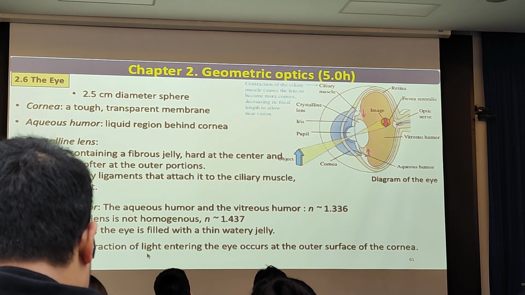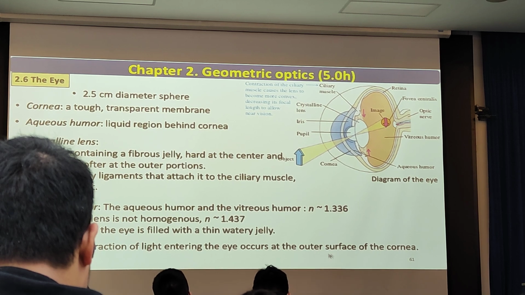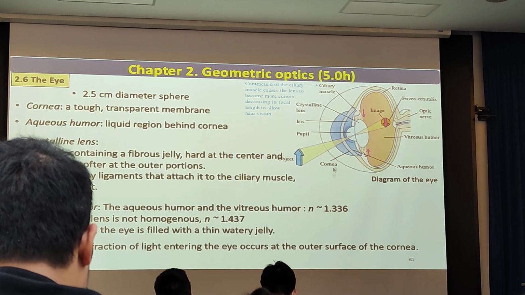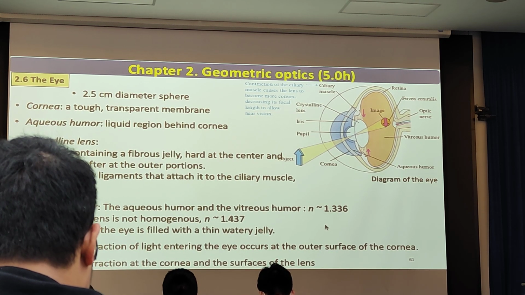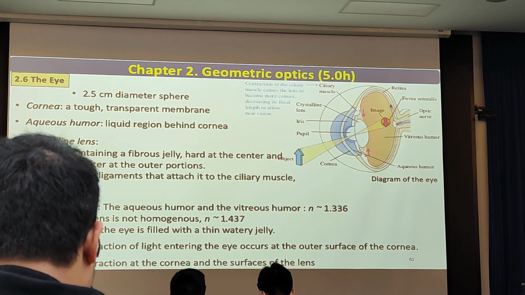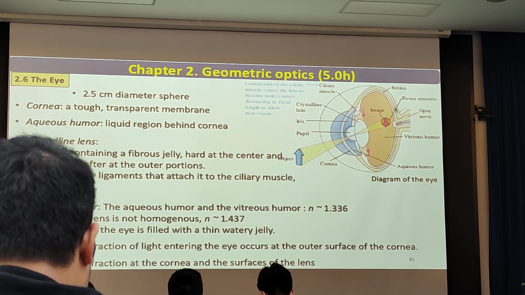And pay attention that most of the refraction of light entering the eye occurs at the outer surface of the cornea. And we can form the real image. We have the refraction at the cornea and at the surface of the lens, and then we form the image. Where is the image formed? If you want to observe something clearly, the image must be formed at the retina.